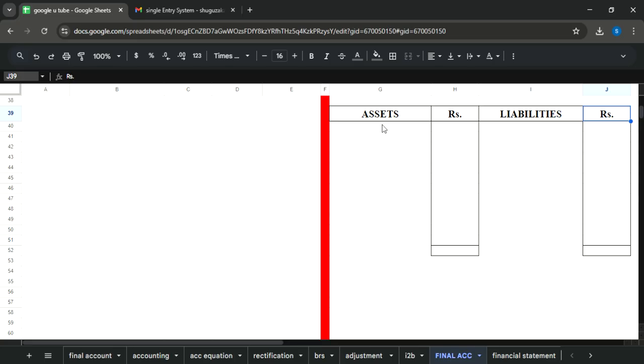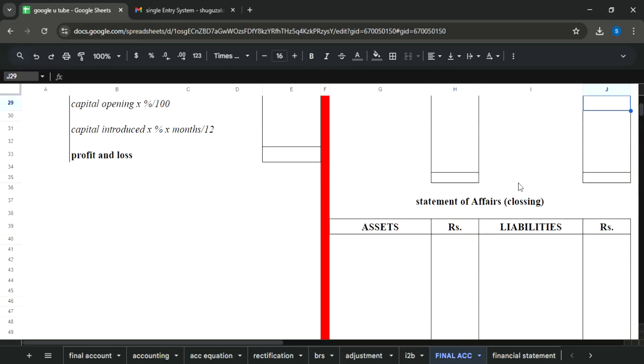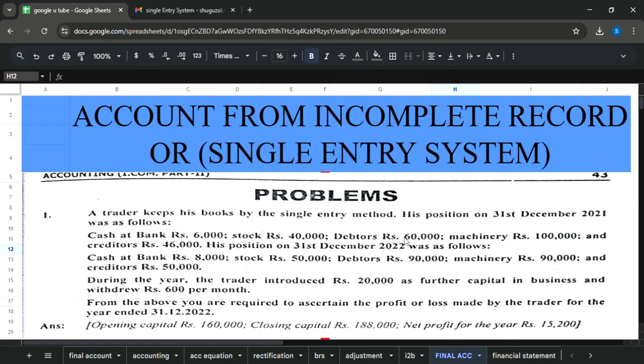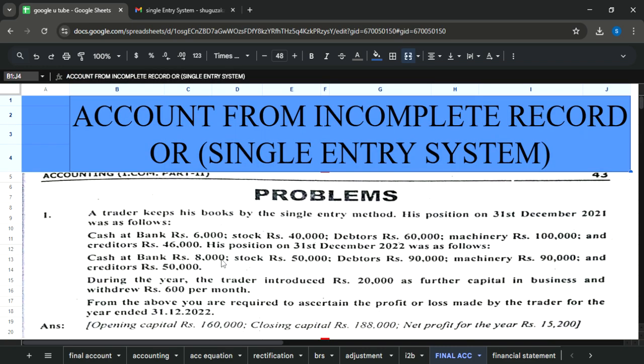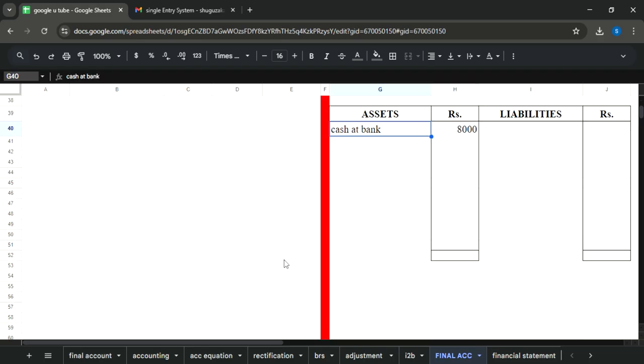Look at here, this is your closing statement of affairs. Over here you will write cash at bank. The amount present over here for cash at bank is 8,000. Just write down 8,000 in front of cash at bank. Now the next step is to see stock. Again, stock is your asset and it is a current asset.